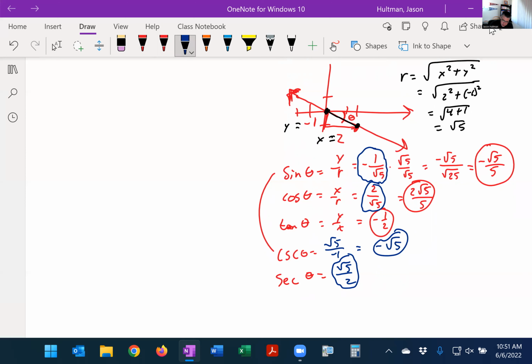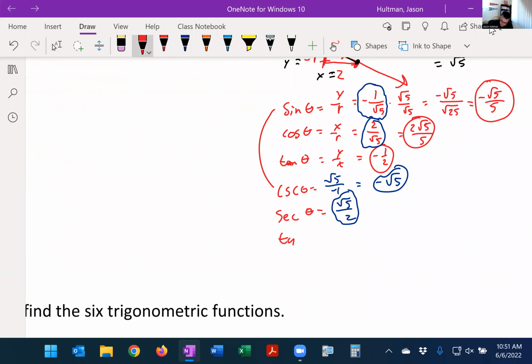Okay, cotangent of theta is going to be equal to -1 over 2, because that's what tangent is, but flipped upside down.